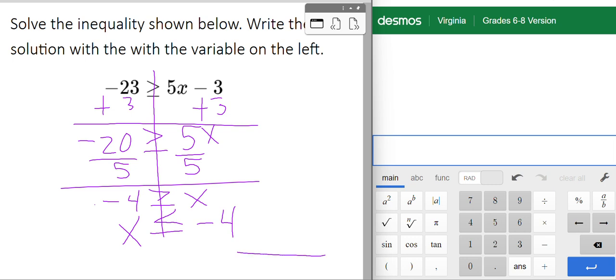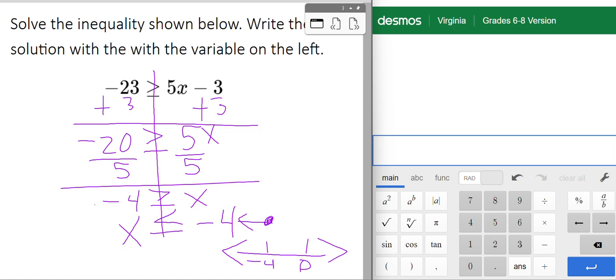And then remember, if you're going to find solutions, make a quick number line. There's 0, there's negative 4, and it's equal to, so it would be a solid circle, and it is heading that way. So that means any answer negative 4 or smaller will be a solution to this inequality.